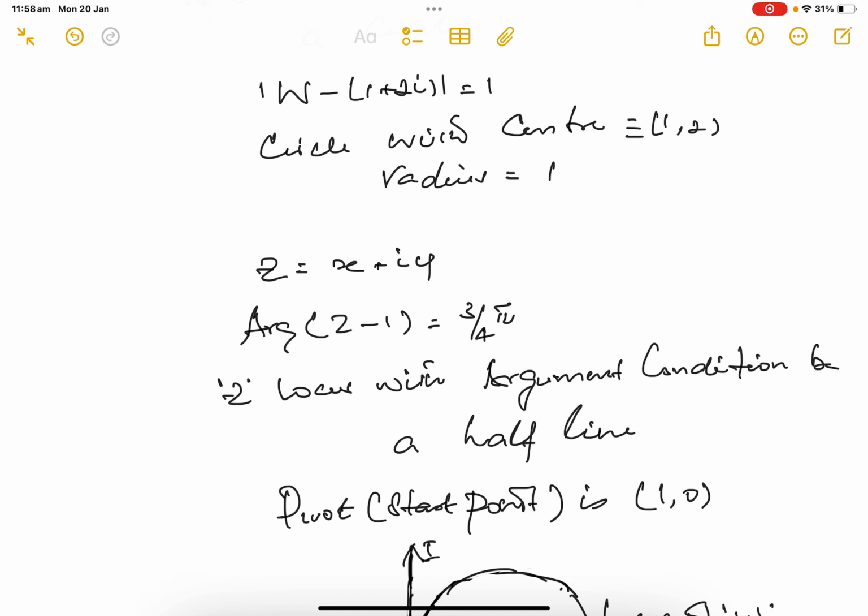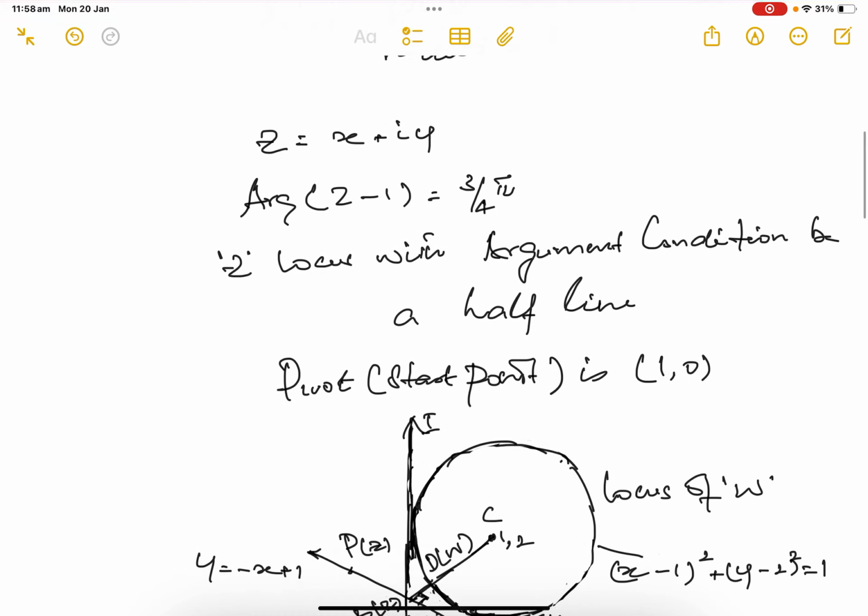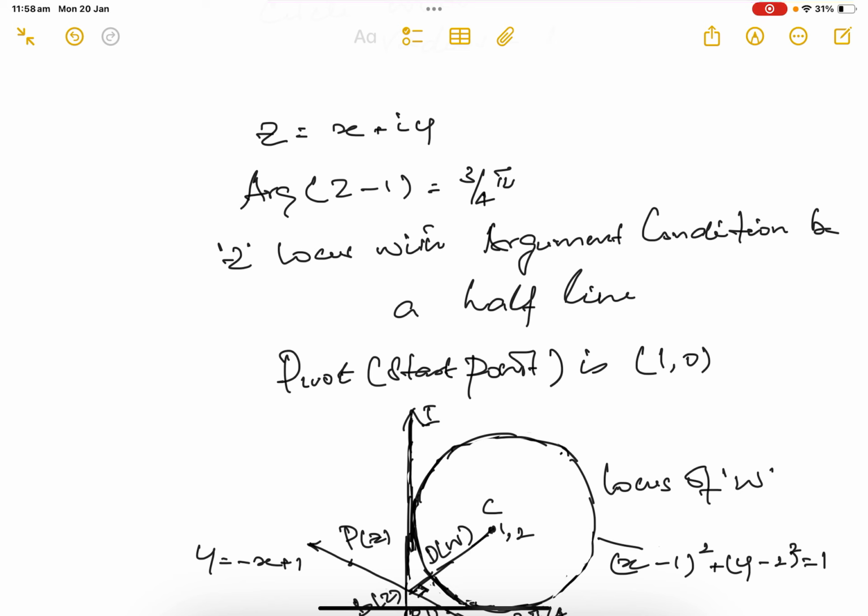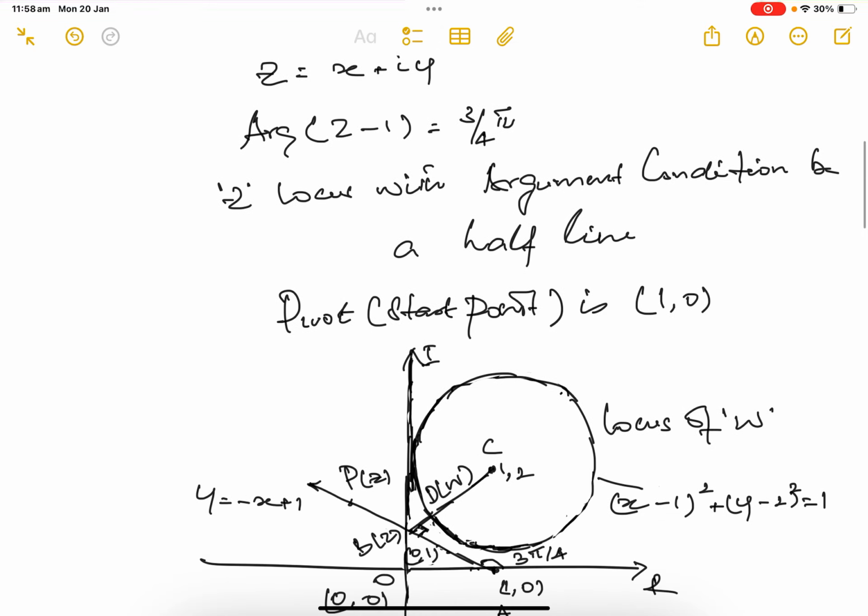So the locus with an argument condition is a half line. Its pivot point or start point is (1, 0), because z minus 1 can be written as a complex number 1 plus 0i, so (1, 0). So we have found the center, and we have found the starting point for the line.